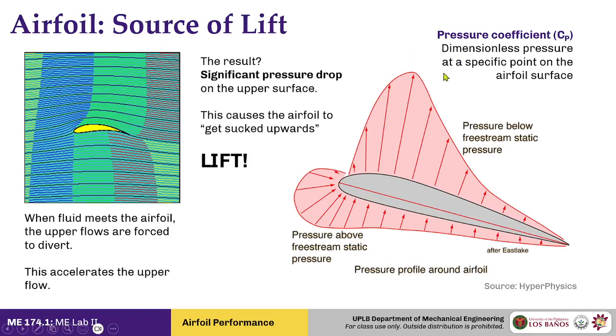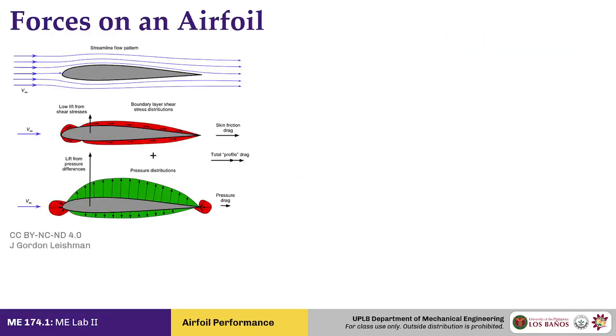So the pressure coefficient is the pressure at that particular point normalized to the free stream pressure. Now, if we take this pressure distribution, which is described by our pressure coefficient, and we get the net components in a particular direction, we can get the forces.